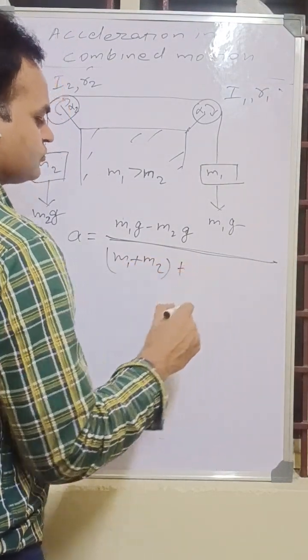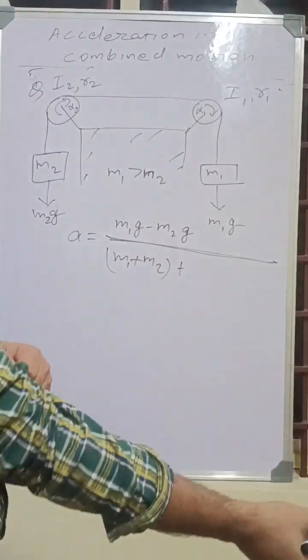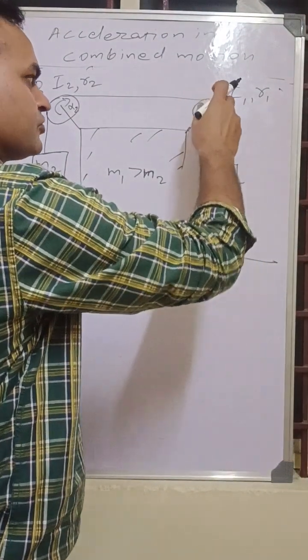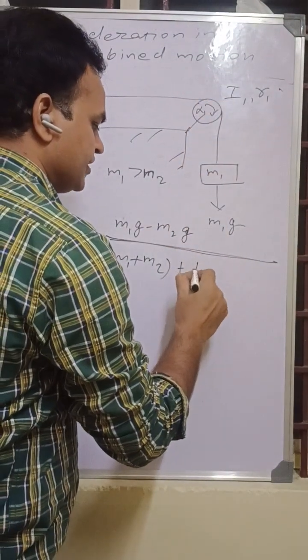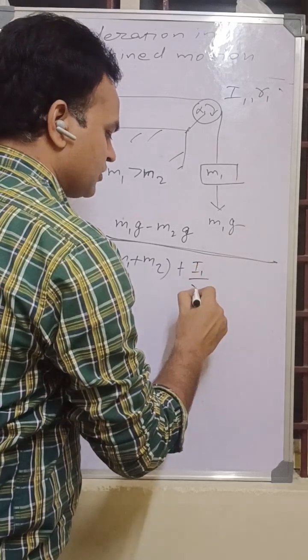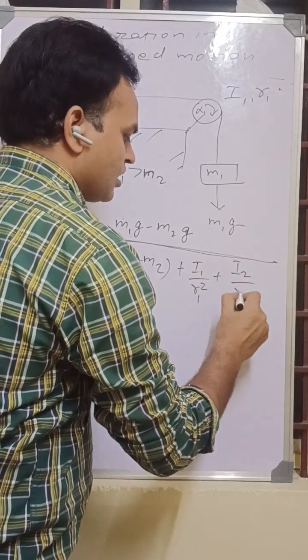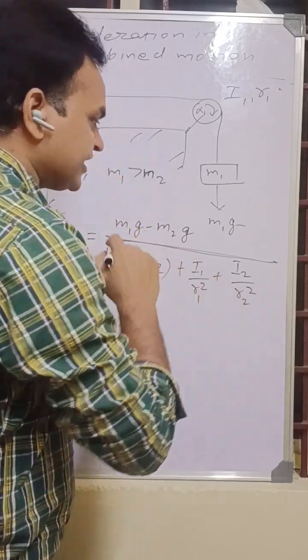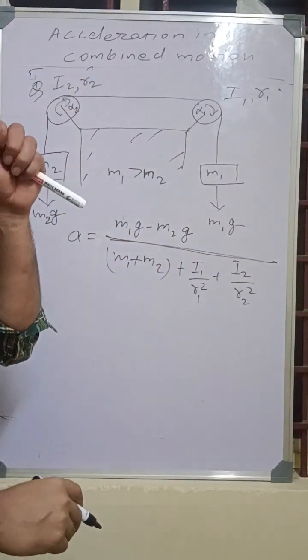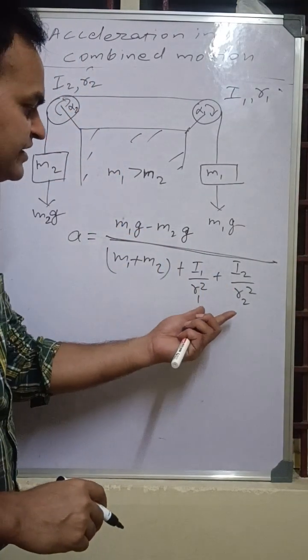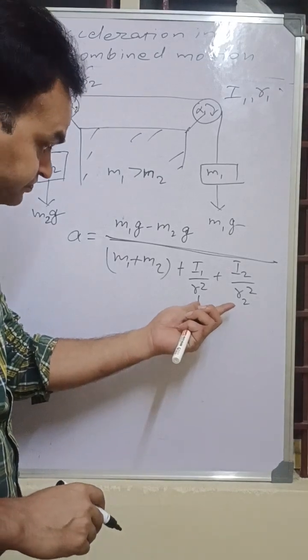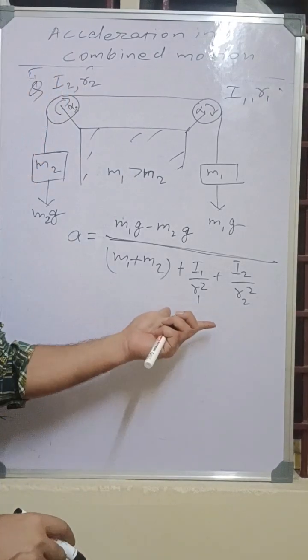And total rotational inertia, as these pulleys are only rotating, is I1 by R1 squared plus I2 by R2 squared. We can easily calculate the value of acceleration from this expression.